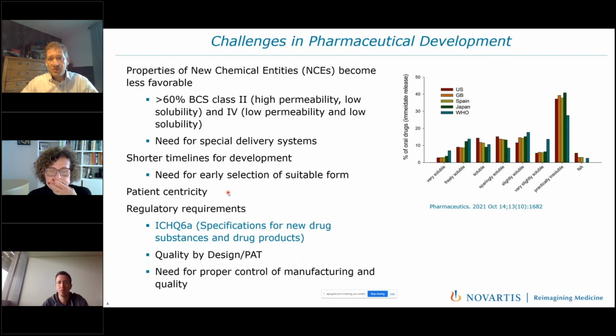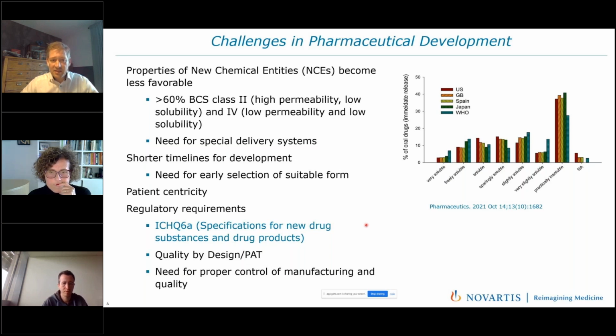And we certainly also have to fulfill some regulatory requirements. The health authorities have established ICH guidelines, which tend to summarize the expectations across the different health organizations across the world. And certainly, if you are talking about the relevance of solid forms, chapter Q6A has some relevance and importance.